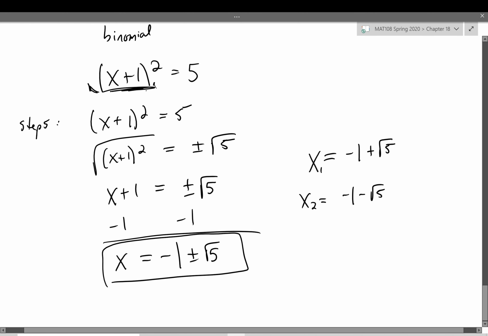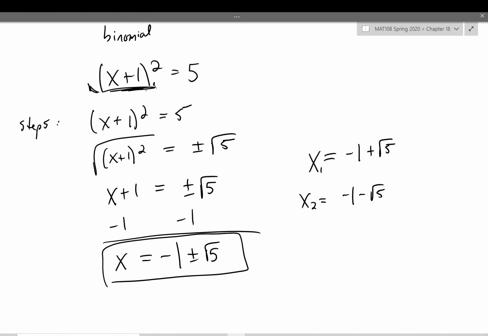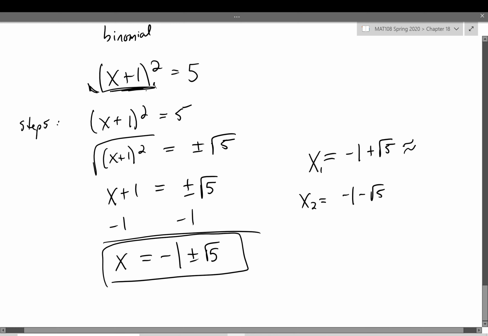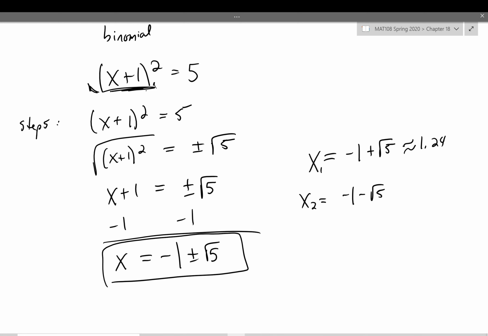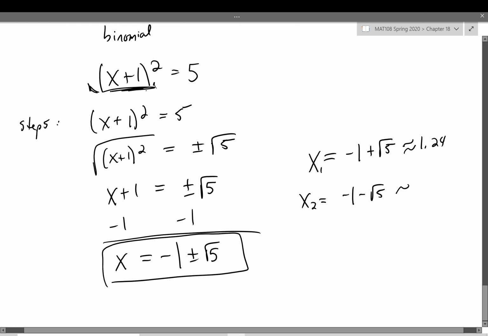I'm going to get my calculator out. -1 plus the square root of 5, well, that is approximately 1.24, rounded to 2 decimal places. And then -1 minus the square root of 5, well, that's approximately -3.24. All right? So you can see these are not nice numbers.